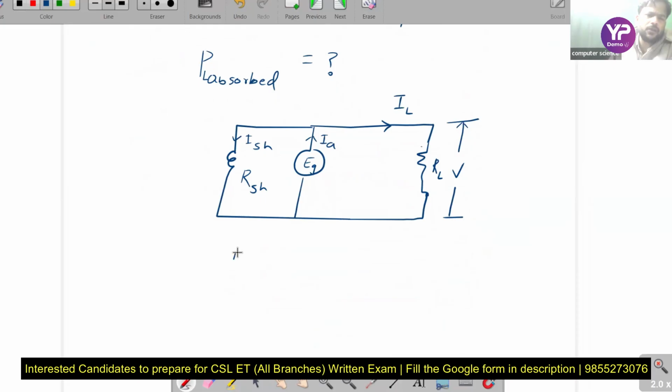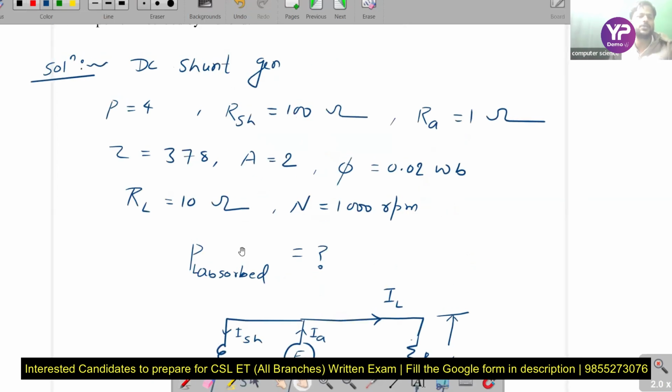So the power absorbed by the load is either V into IL, or we simply write IL square into RL. Now to find this value, we need to find IL.